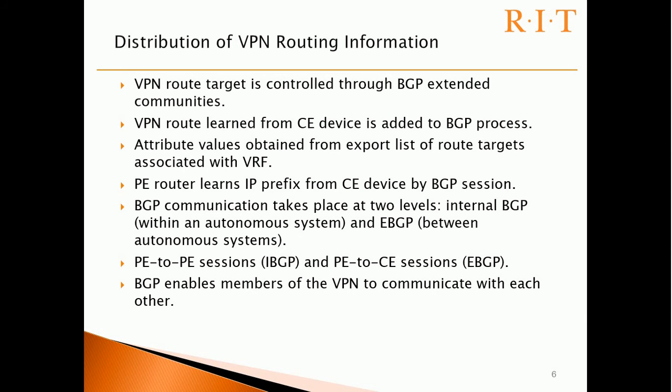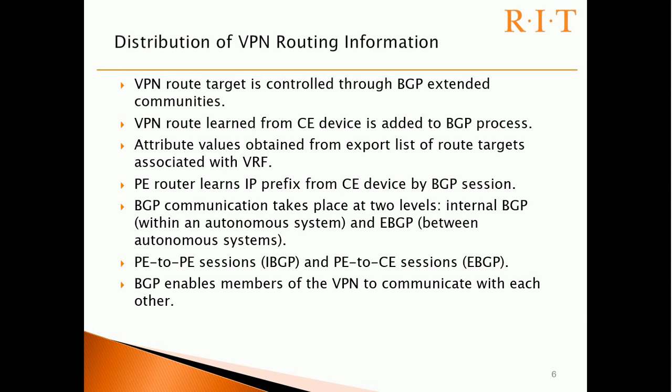Next, distribution of VPN routing information. How does it actually route the VPN information in a network? As we already discussed, this is controlled using BGP extended communities, and VPN routes can be learned from the customer edge devices and added to the BGP process.